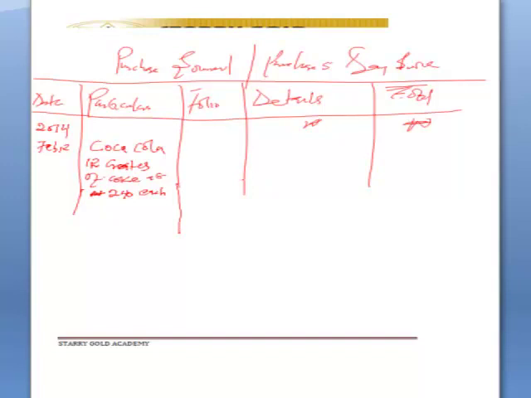That will give us 12 times 240, and that is 2,880.